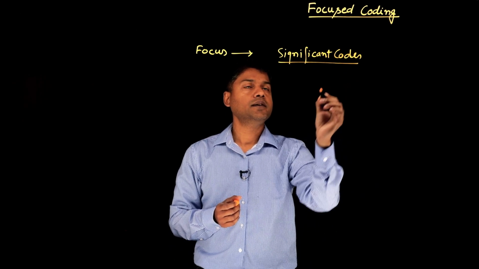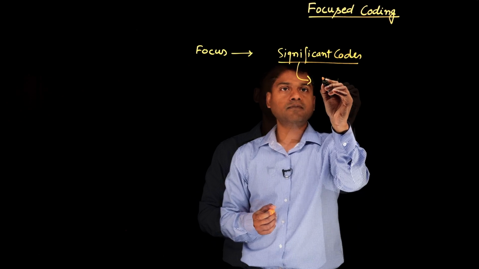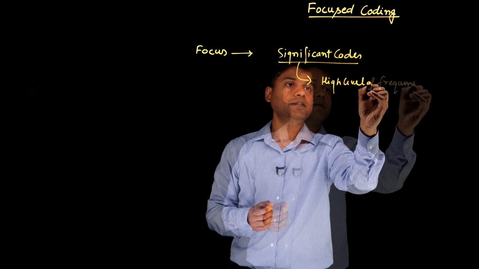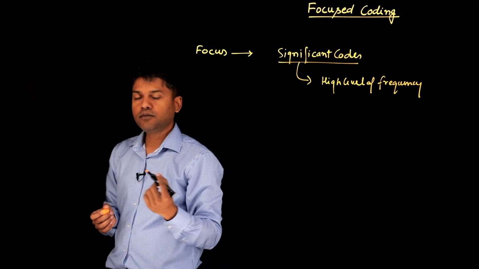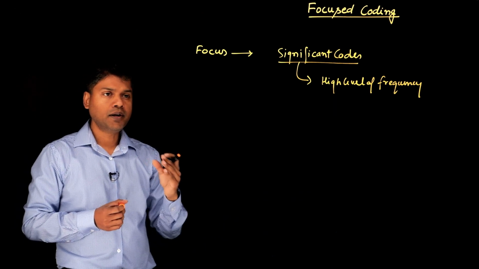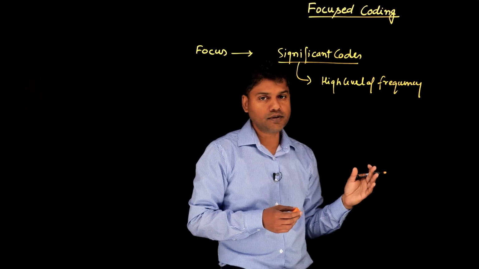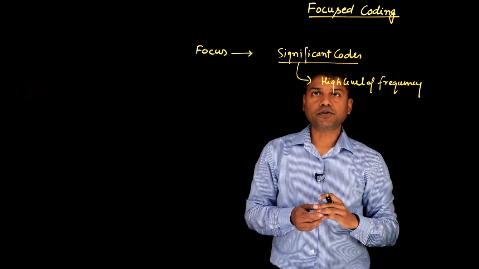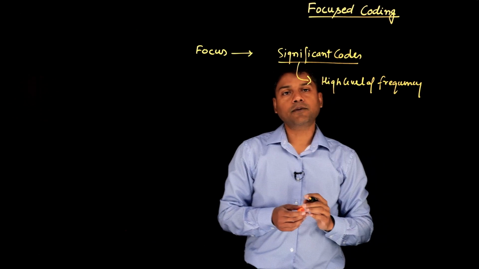What I mean here is the codes which have a high level of frequency across participants. Let's say I have code A, which is often talked about by all the participants, or the majority of the participants. We call it a high level of frequency of that particular code.